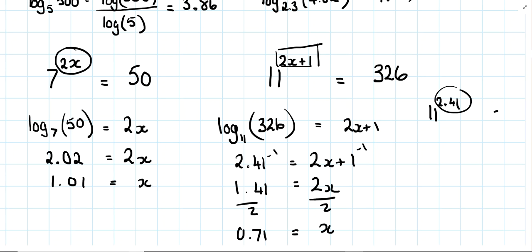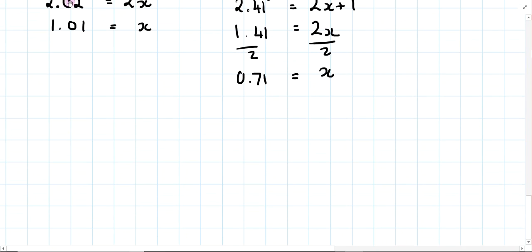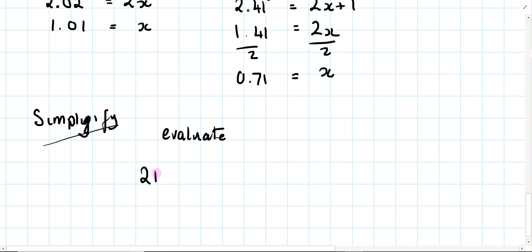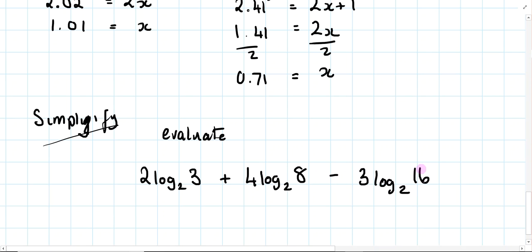What we still need to be able to do, and we'll do this on Monday, is if I ask you, because we've done it with exponents, to simplify, we want to be able to put things in different forms to be able to work on it. What if I said to you, evaluate, or even simplify, 2 log to the base 2 of 3 plus 4 log to the base 2 of 8 minus 3 log to the base 2 of 16.